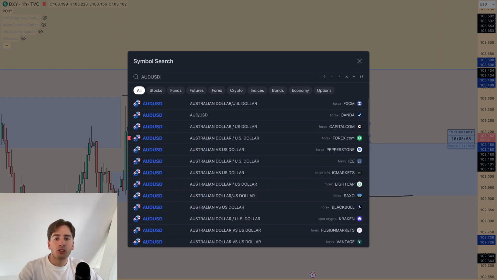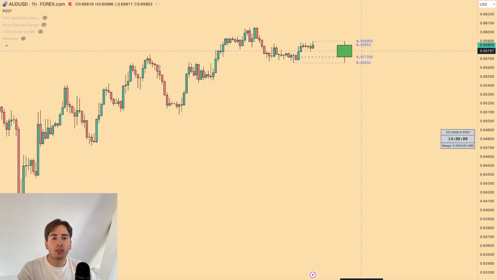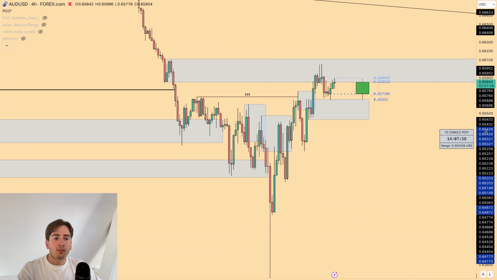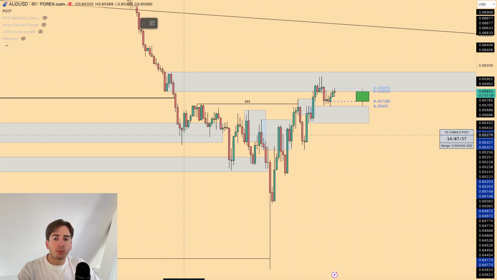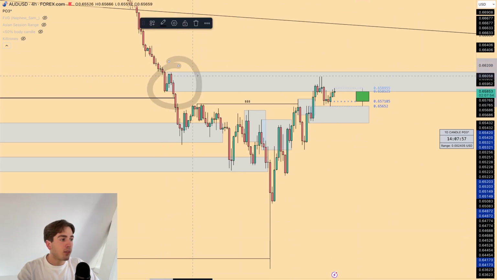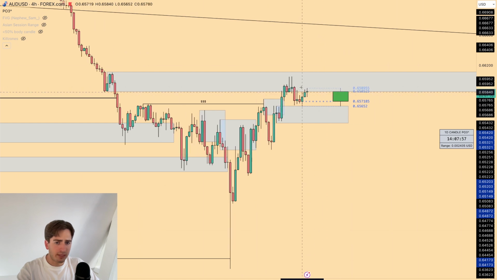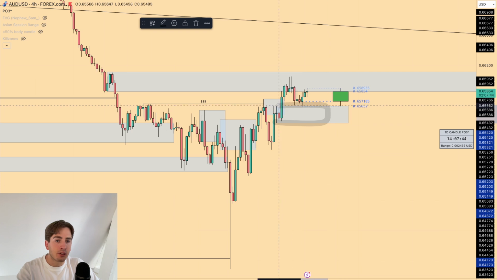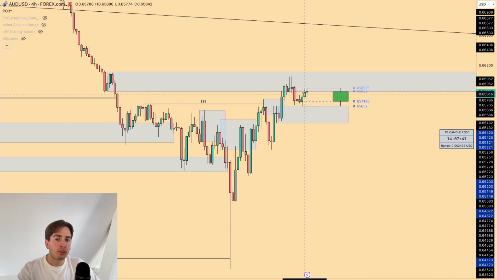Go into Aussie dollar. What is happening over there? Aussie dollar on the 4 hour time frame rejected that area of supply, which we mentioned on Friday. What we can see is pretty much just that bearish reaction, but we're still kind of stuck, because if we want Aussie dollar to sell off hard, we need to break this area of demand. This demand zone is still suppressing price and causing price not to fall down.